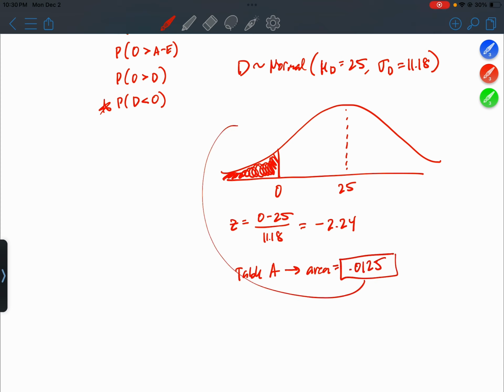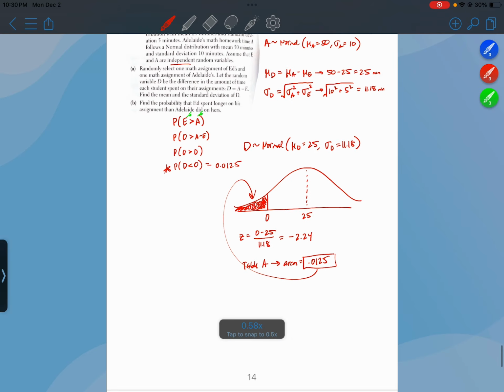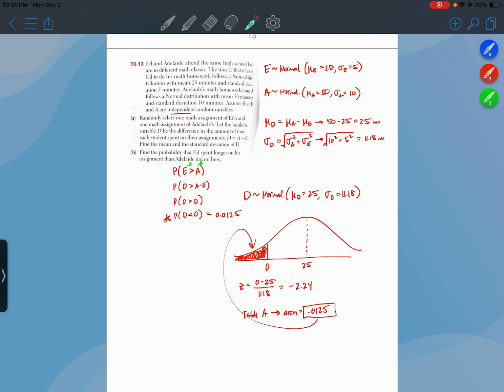That's the area, which is the probability. So it's very unlikely that Ed would spend longer on his homework. Because again, remember, what do you expect? You expect Ed to spend 25 minutes and Adelaide to spend 50 minutes.